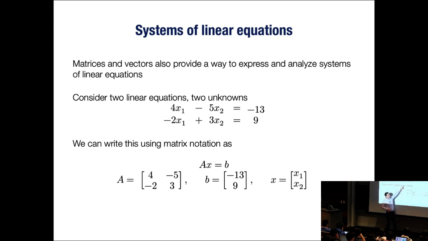So I can write that same exact set of equations as the expression Ax equals b, where A is this matrix, which has the coefficients of each equation in its rows, and b has the right-hand side in its elements. This is just shorthand.